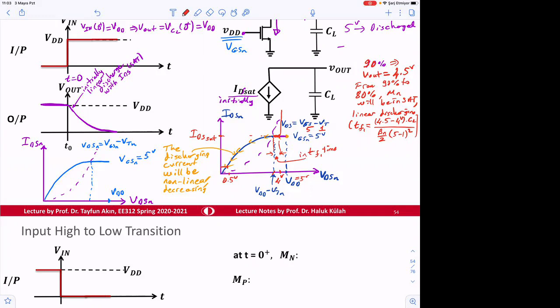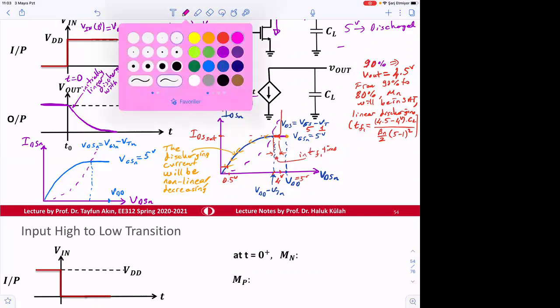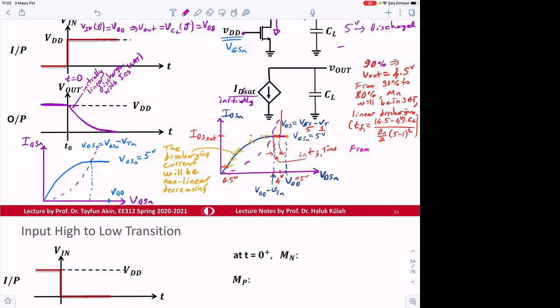After that, from 4 volts to 0.5 volts, Mn will be in linear, so the current equation will be nonlinear.